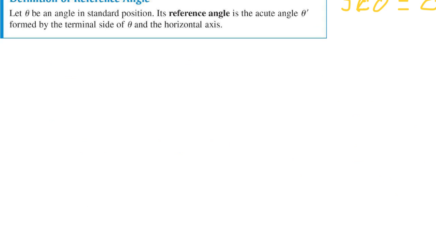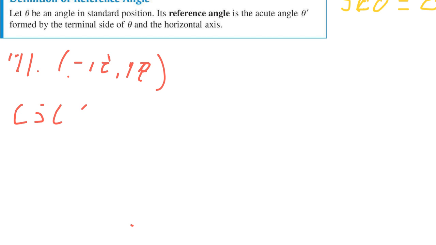So I might look at 41 and 42 from your worksheets. I know you don't have to do 41, but 41 says find cosecant of theta, given the point negative 18, 18. Cosecant is r over y. You can check your trig fact sheet, it has that on there. So we need r.